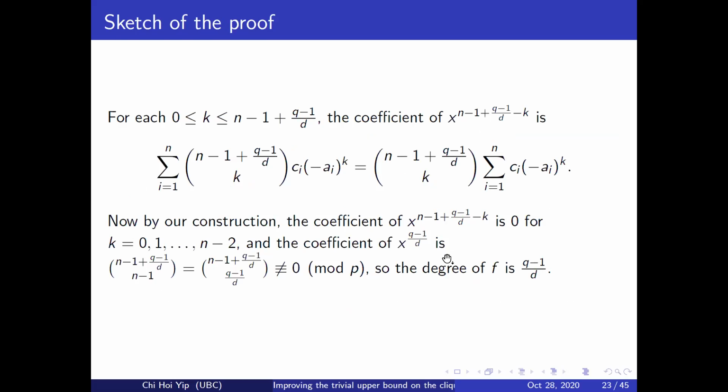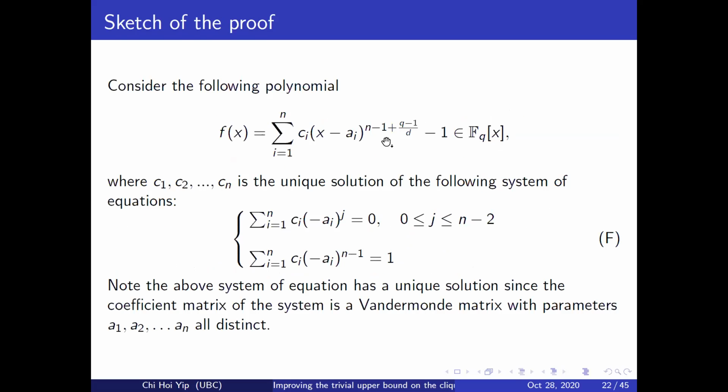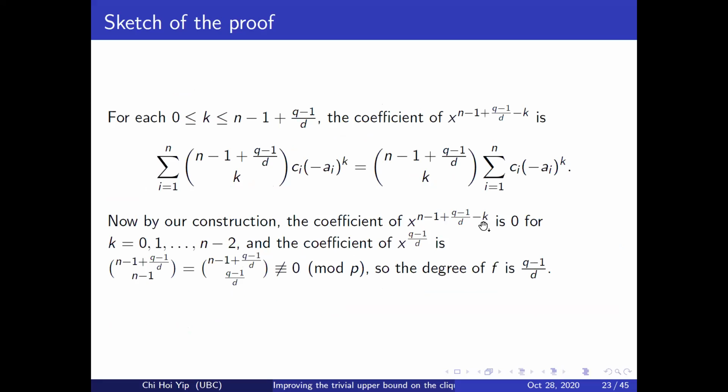So we have verified that the degree of f is exactly (q minus 1) over d. That's nice because if you directly check this polynomial, you may see that the degree is bounded by little n minus 1 plus (q minus 1) over d, but we are able to show that it is actually (q minus 1) over d.